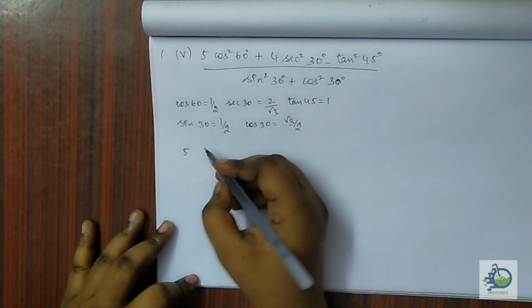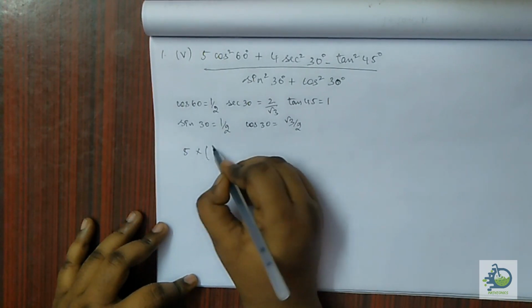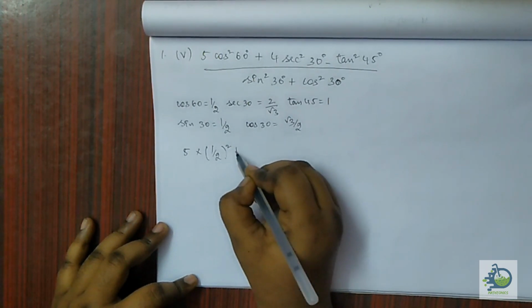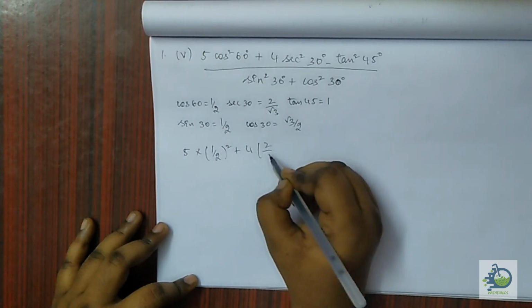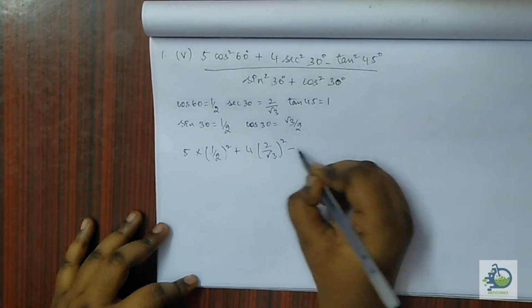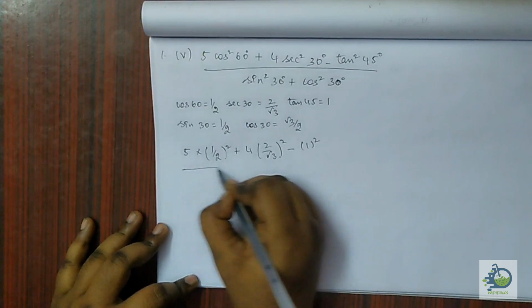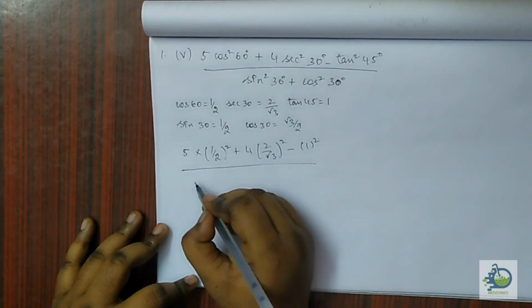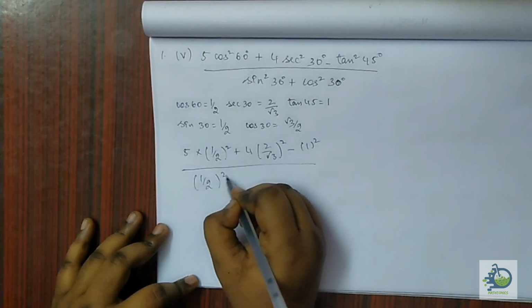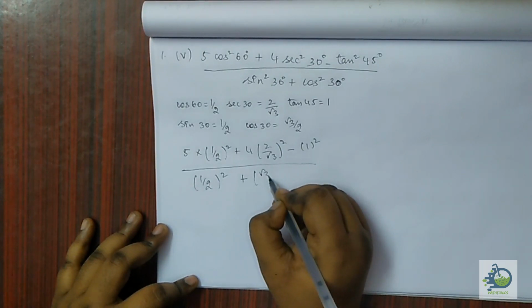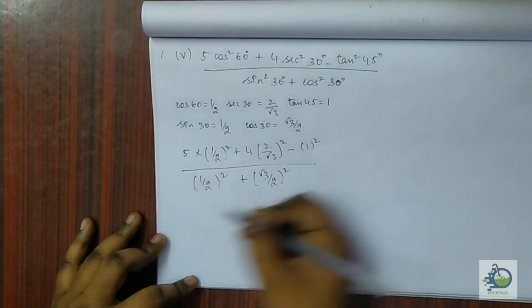So by substituting we get 5 into 1 by 2 square plus 4 into 2 by root 3 square minus 1 square divided by 1 by 2 square plus root 3 by 2 square.